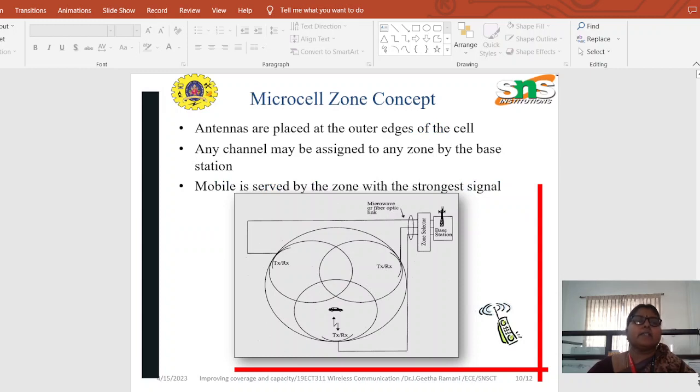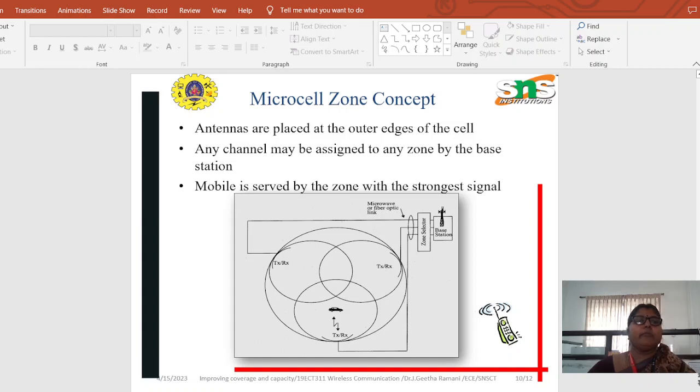The third concept for improving the capacity is the microcell zone concept. In this case, at the corner of each cell, look at here, there are 3 regions marked. At these corners we are going to place the antennas. So antennas are placed at the outer edges of the cell.